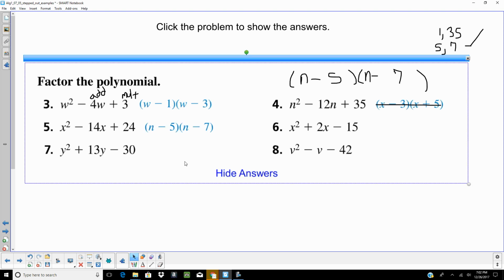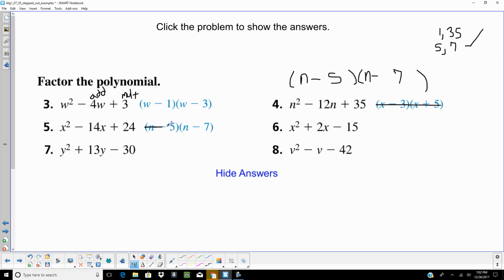Yes, there is. On that one, number 5 needs to multiply to 24, add to negative 14.